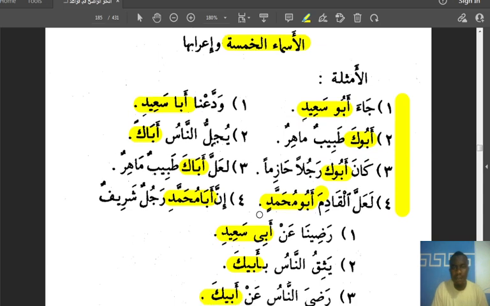We have here جاء أبو سعيد. جاء فعل ماضي مبني على الفتح لا محل له من الإعراب. أبو فاعل مرفوع وعلامة رفعه الواو لأنه من الأسماء الخمسة.